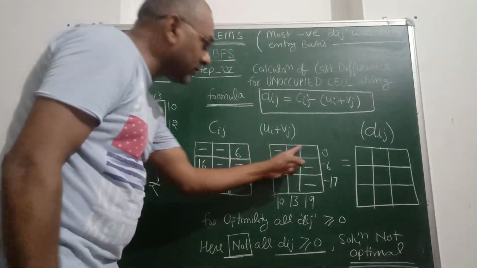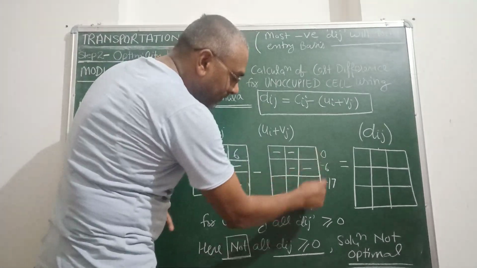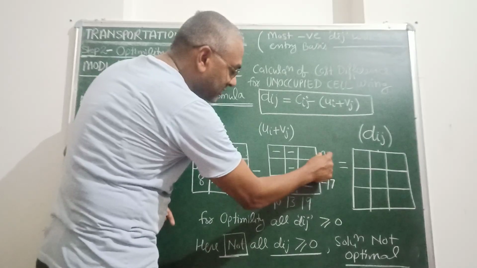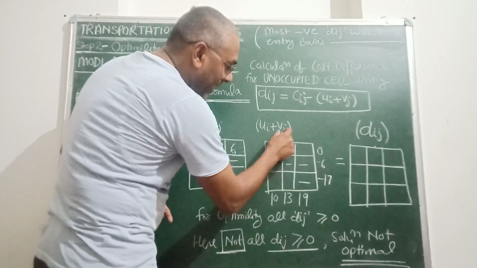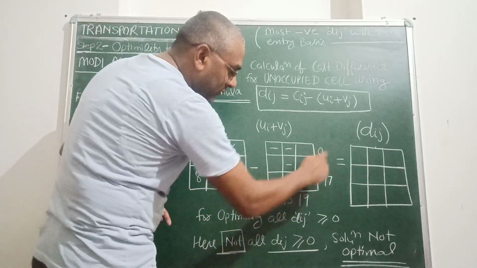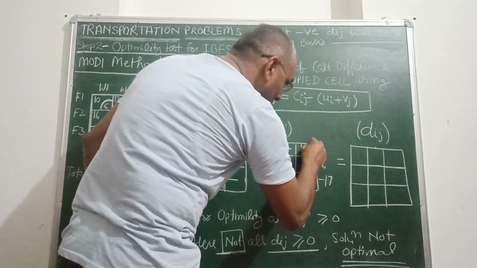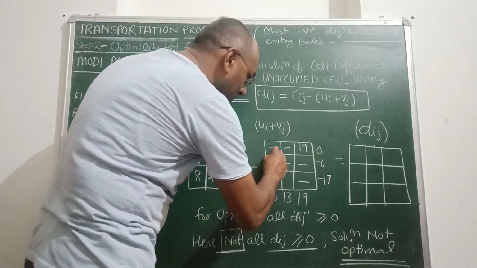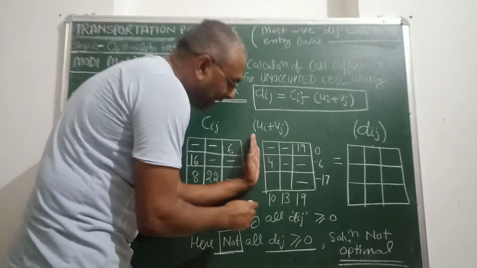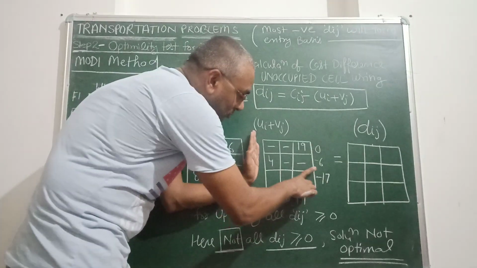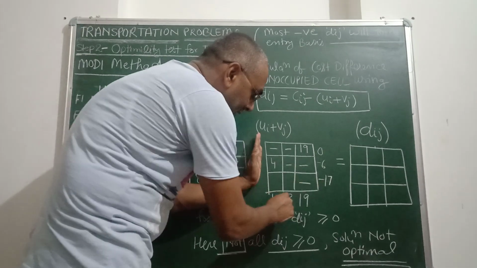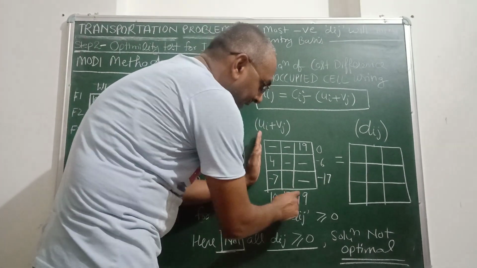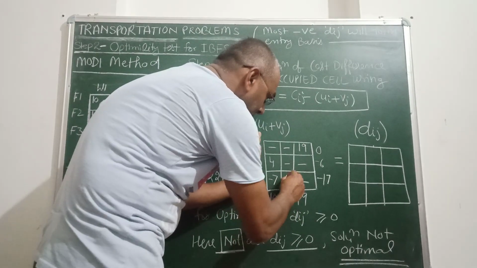For this cell, u1 is 0 and v3 is 19, so the sum of these two is 19. Now for this cell -6 plus 10 comes out to be 4, as we have to add only these two terms. Similarly for this cell 10 minus 17 is -7, and for this -4.